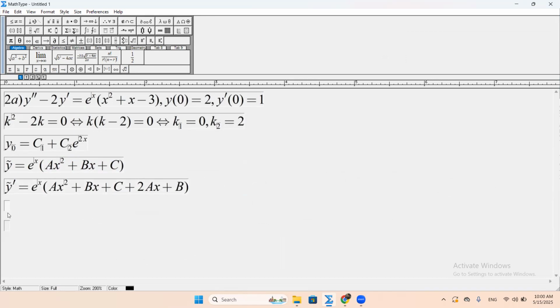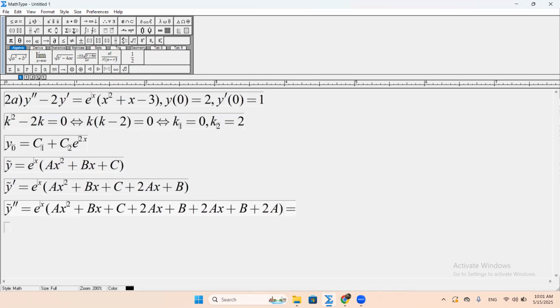Then y double prime equals, differentiating first e and then the polynomial, 2ax plus b plus 2a.